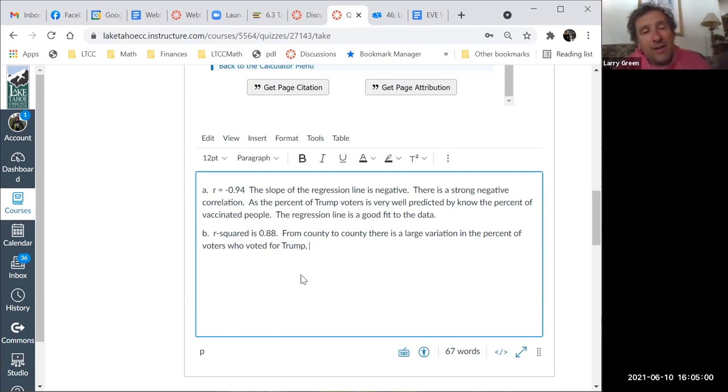Okay, but now comes the whole point of the 88%. If we just look at groups of counties that all have similar vaccination rates, then this variation on average goes down or is decreased by 88%.